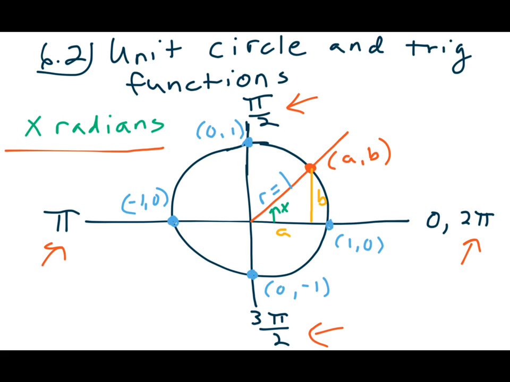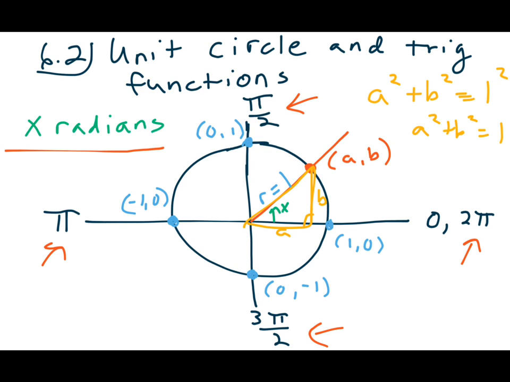So as you can see, we have a little right triangle drawn right here, with side lengths A, B, and 1. Okay, so if it's a right triangle, if we use the Pythagorean theorem, that's going to be a squared plus b squared equals 1 squared, or just a squared plus b squared equals 1.